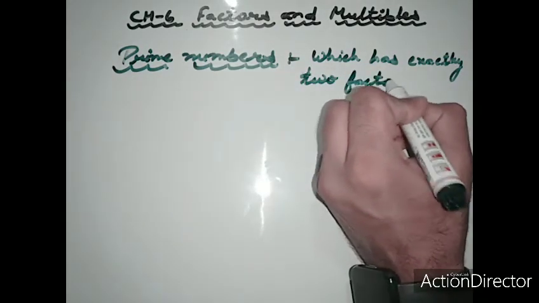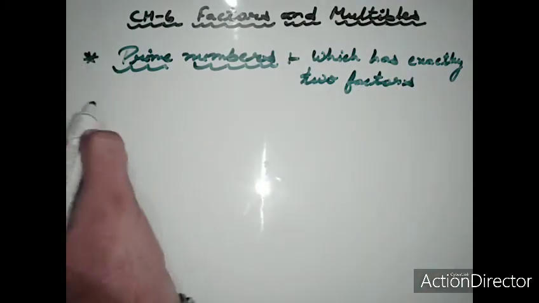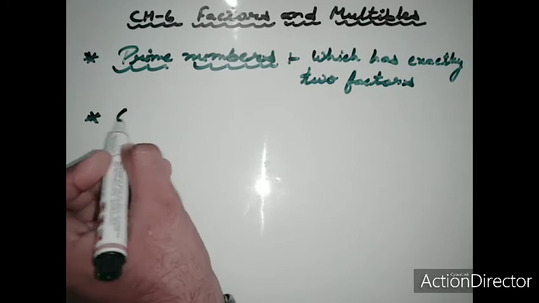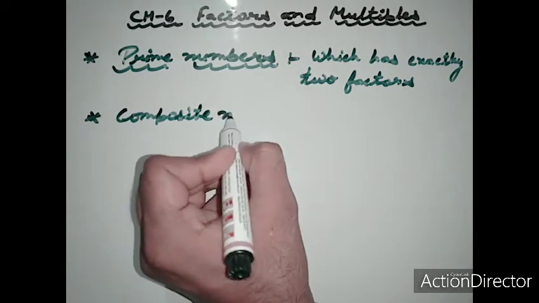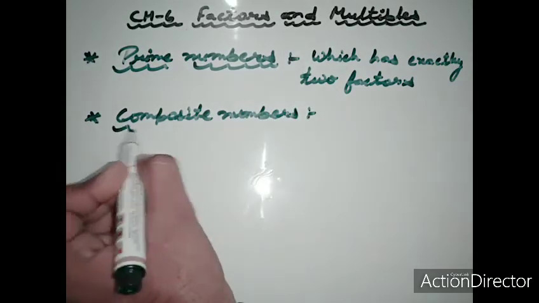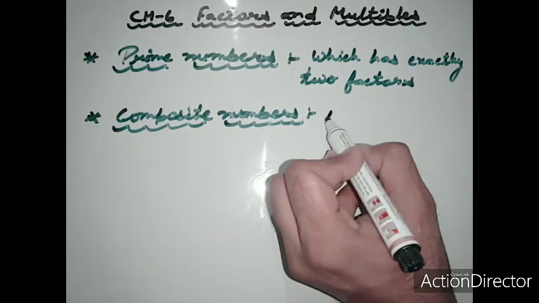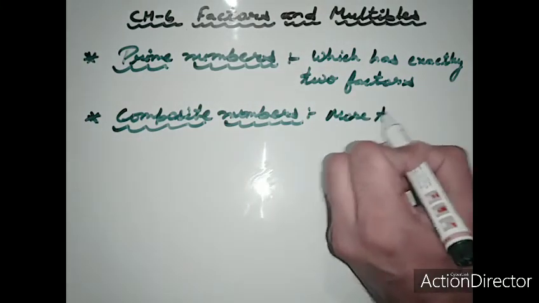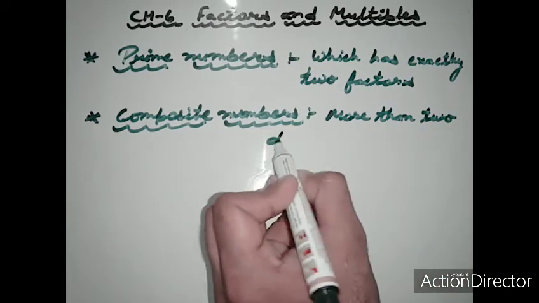Those numbers having exactly two factors are known as prime numbers. Now the composite numbers. Composite numbers are those numbers which have more than two different factors.